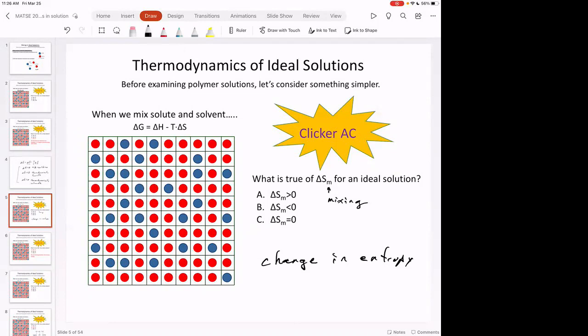Randomness, disorder. Things that are more disordered generally have more entropy, right? If you start with nice separated circles, there's a lot of order there, right? Things are with their own kind. And then you take those and mix them all up, you have increased the disorder, or delta S of mixing is greater than 0.